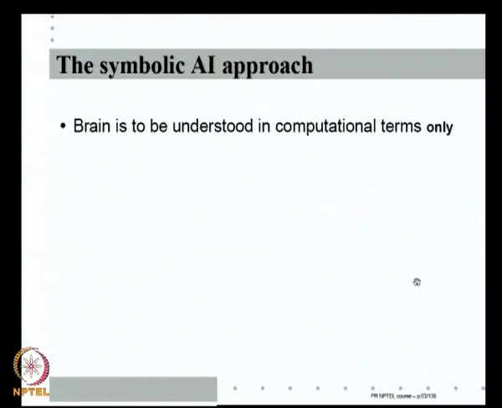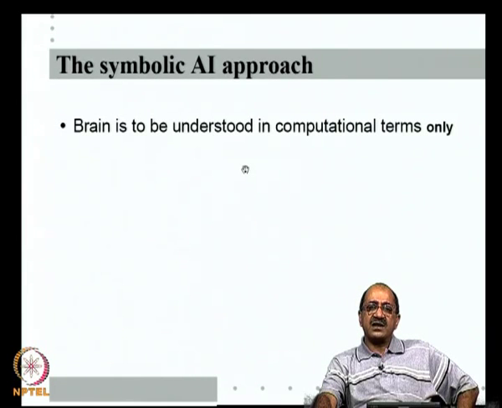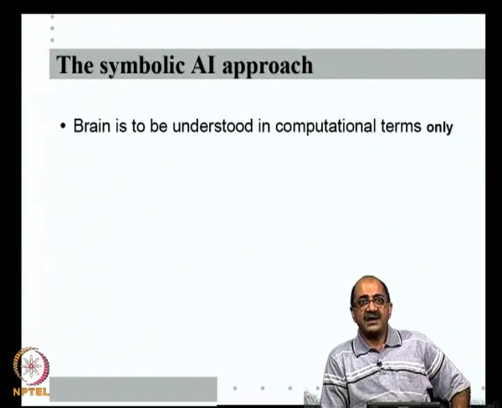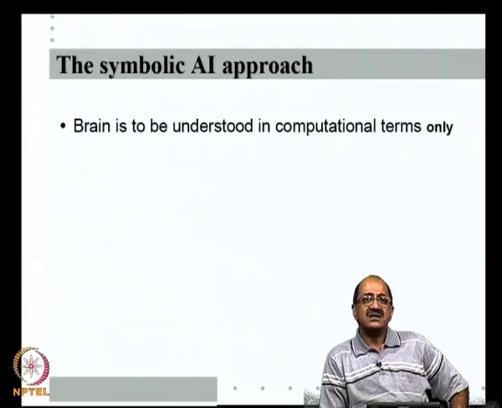The first approach can be called the symbolic AI approach. The basic idea there is that the brain is to be understood in computational terms. If I look at any intelligent behavior, speech, language, natural language understanding, common sense, all of it is some kind of computation.